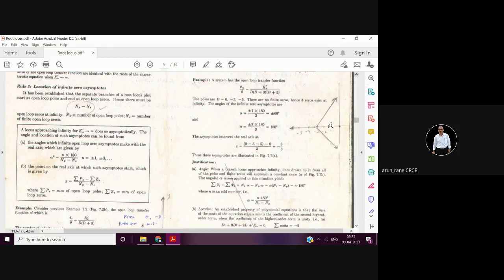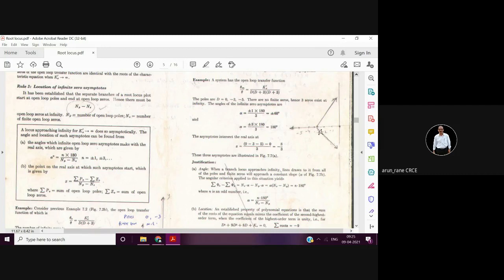Angles are always measured positive with respect to the x-axis in the counterclockwise sense. So if it is like this, how much will this be? This will be positive 300, and this will be minus 60.